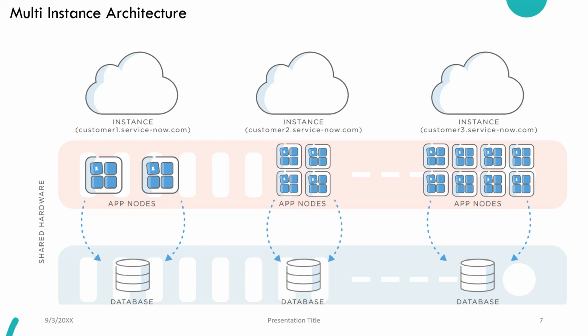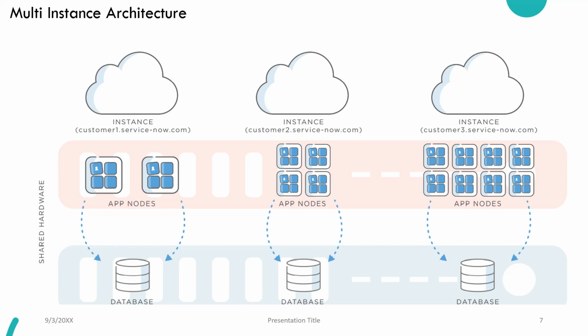You can create one instance of ServiceNow which will serve that particular region. Then similarly you have another instance to serve the other regions. So it basically keeps the data segregated between different apps.